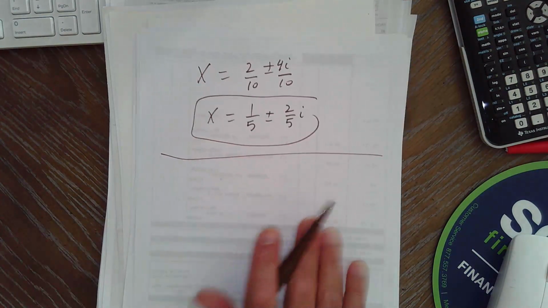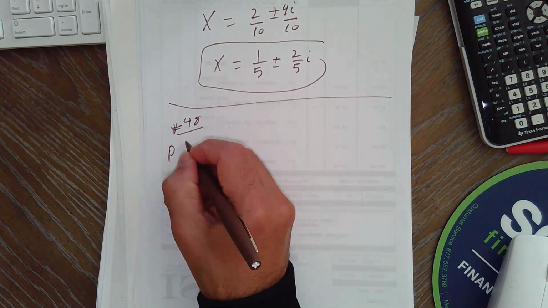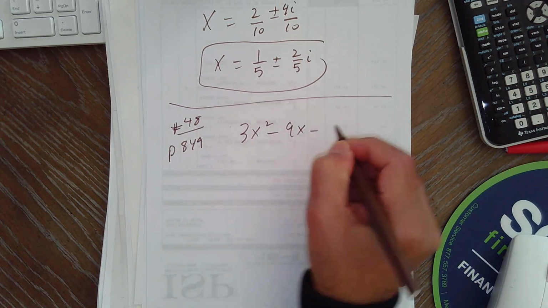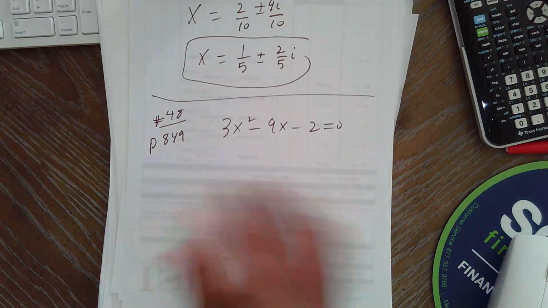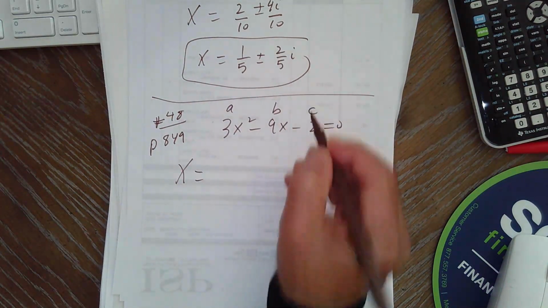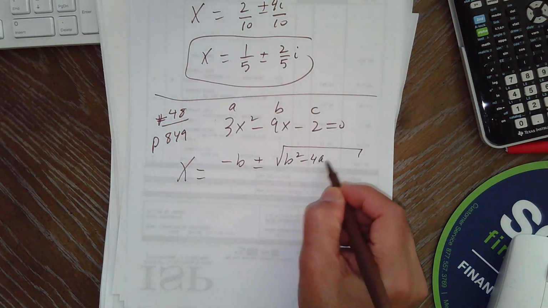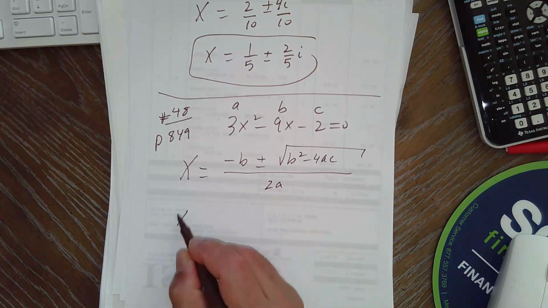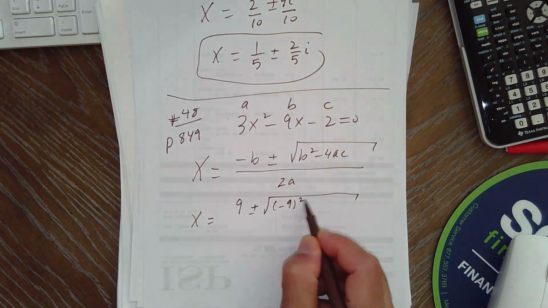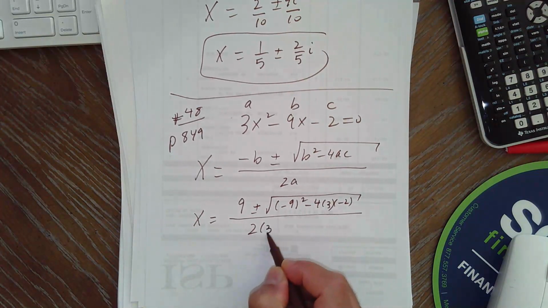Now if you look at 48, page 849, it says use any method to solve. So if you're not sure you can factor it, then do the quadratic formula. It's just the easiest and the fastest. A, B, C, opposite of b plus or minus the square root of b squared minus 4ac, all over 2a. 9 plus or minus the square root of negative 9 squared minus 4 times 3 times negative 2, over 2 times 3.